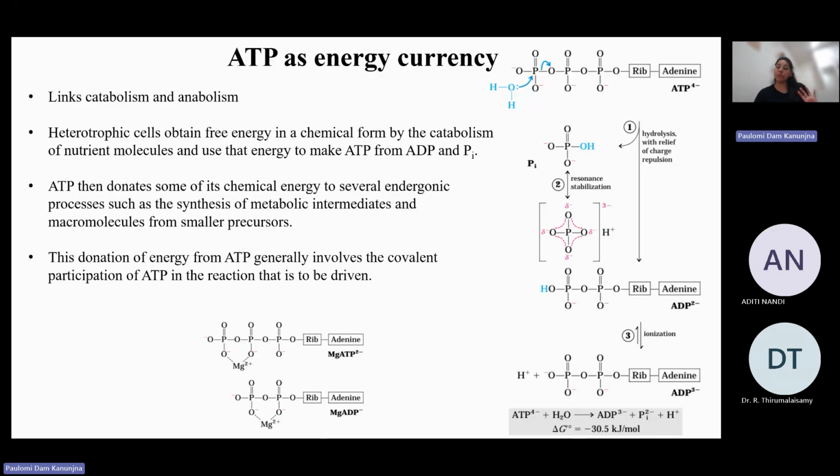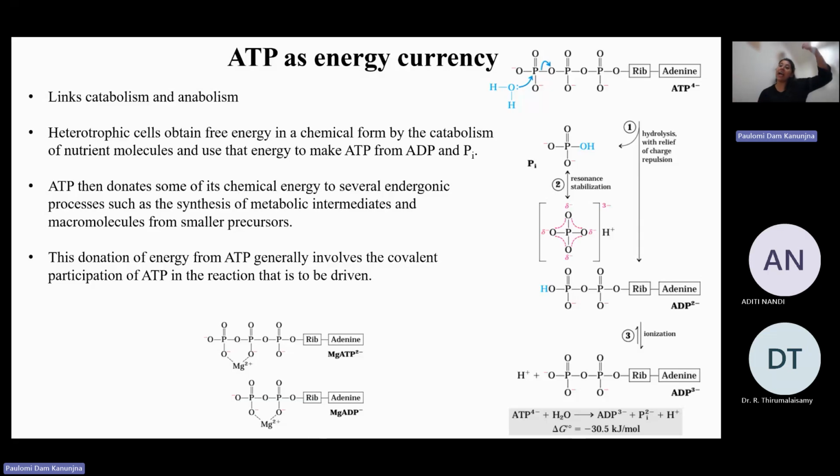But what you should remember for your understanding is that ATP in intracellular conditions is mostly found bound to Mg2+. What is even more important to remember is, very simply, ATP gives ADP.